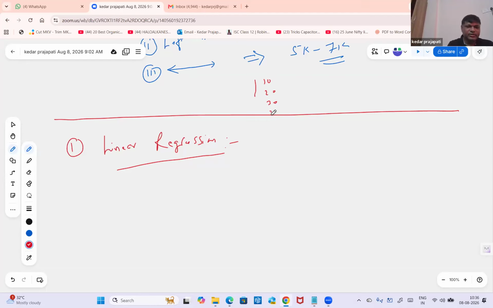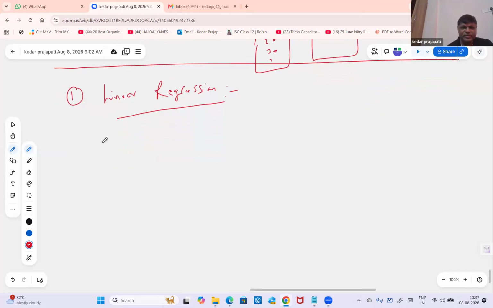Only two variables were there, one was hours, and that was marks. So let's first define this regression. I'm not going on bookish definitions. Whatever we are learning, we should keep in mind, so that it stays in your brain.